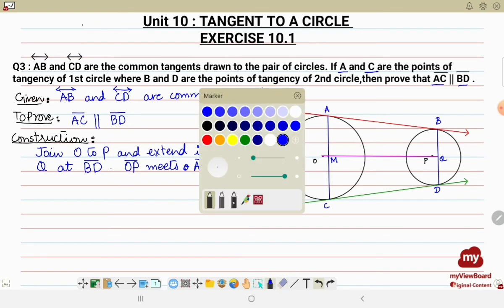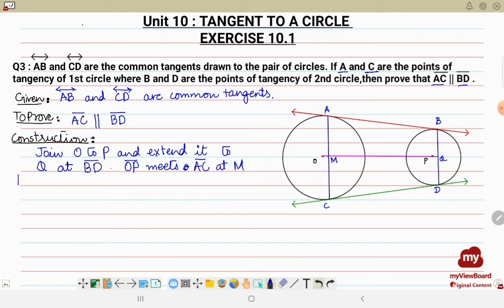Let's move towards the proof, and we'll write it with statements and reasons. If you see, OM is perpendicular to AC. How?